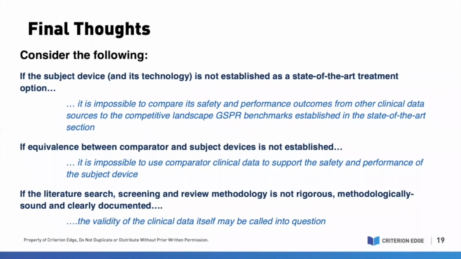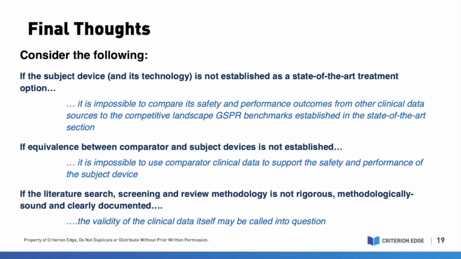Consider the following. If the subject device and its technology is not established as a state-of-the-art treatment option, it is impossible to compare its safety and performance outcomes from other clinical data sources to the competitive landscape GSPR benchmarks that you established in the state-of-the-art section. You can't make that linkage.